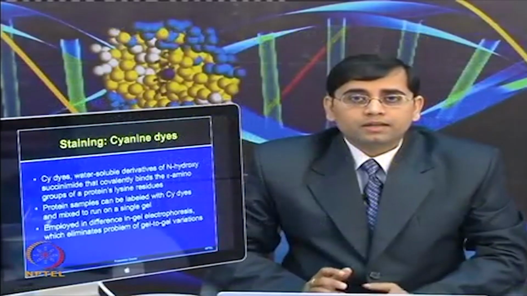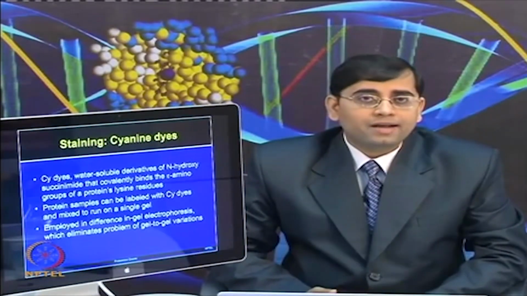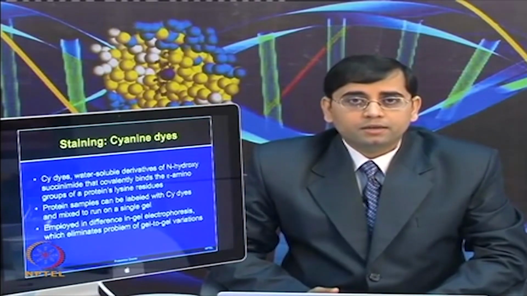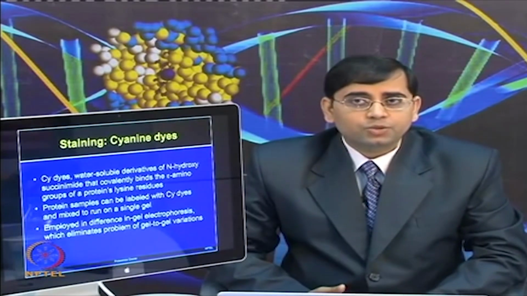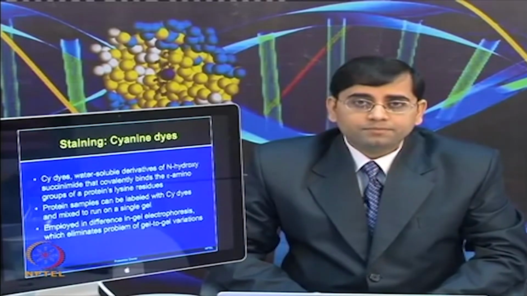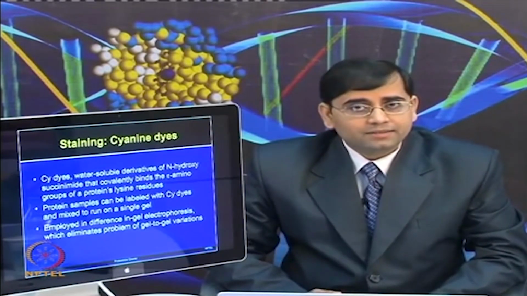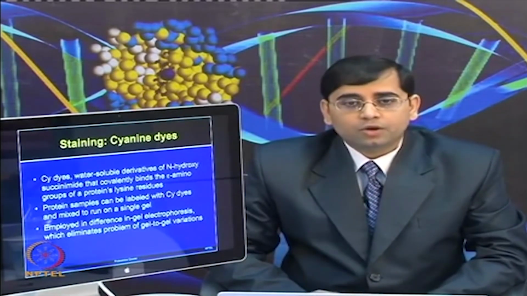Now, since this labeling is minimal labeling, your overall mass is not going to change by adding different types of Cy dyes such as Cy2, Cy3 and Cy5. Protein samples can be labeled with these dyes and then mixed together to separate the proteins on one gel.